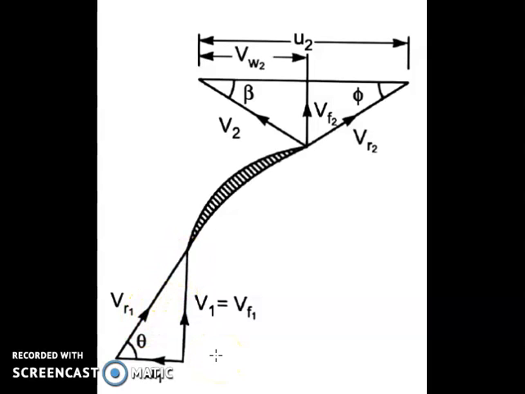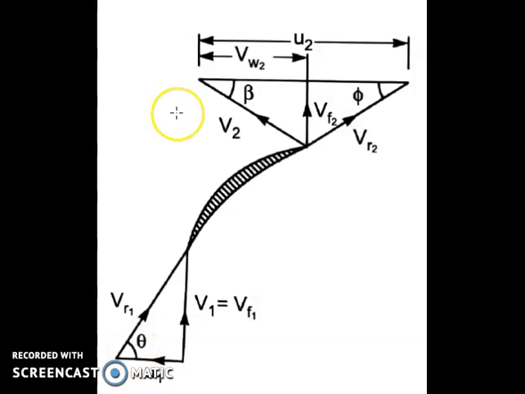The water enters the impeller radially, so the value of alpha will be equal to 90° and hence the velocity of whirl at inlet Vw1 will be 0. So the value of V1 will be equal to the velocity of flow at inlet, which is Vf1. This angle theta represents the vane angle at inlet.